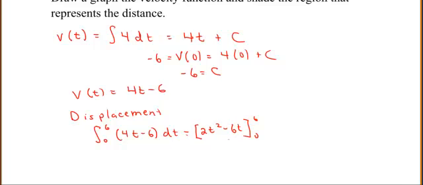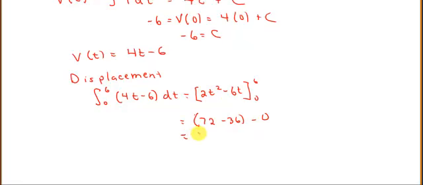At time t equals 6, I'll have 2 times 6 squared, 72, minus 36. At t equals 0, I have 0 minus 0, so that's just 0. So this is going to be 36 feet is the displacement.